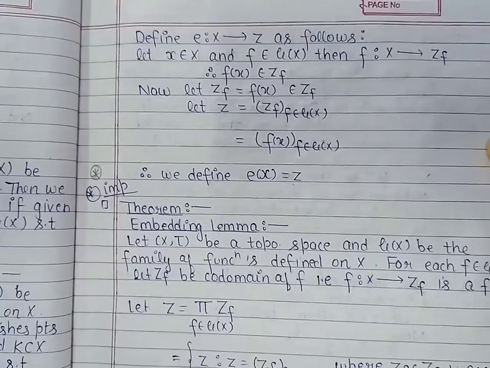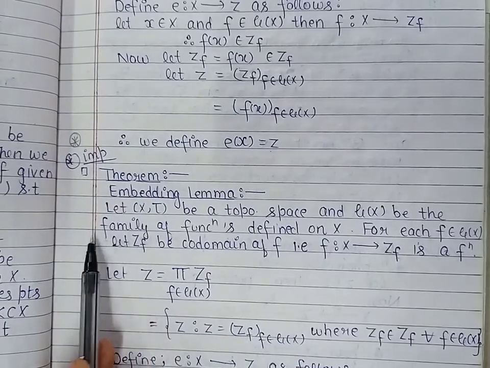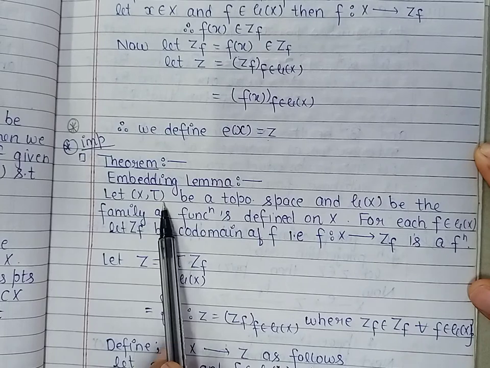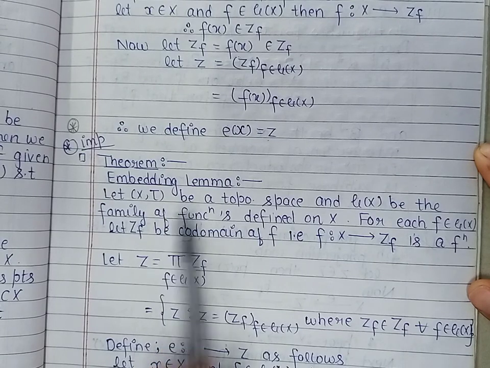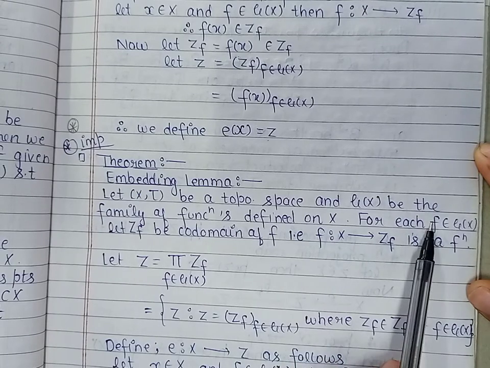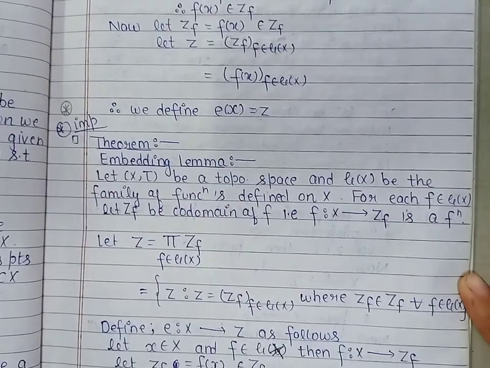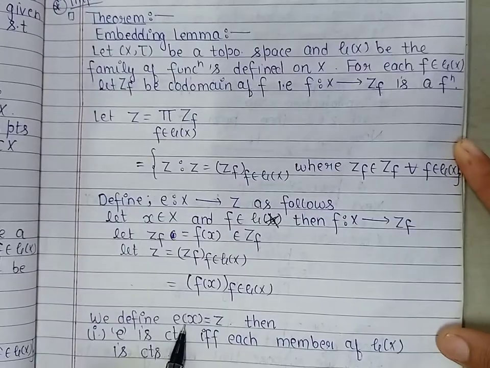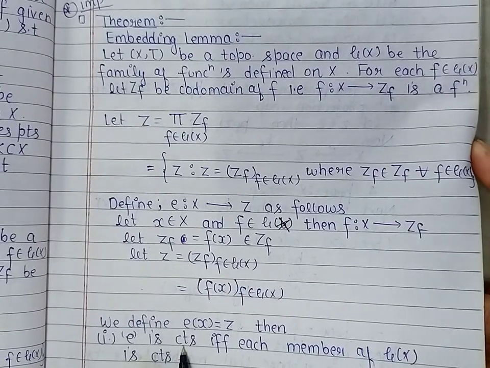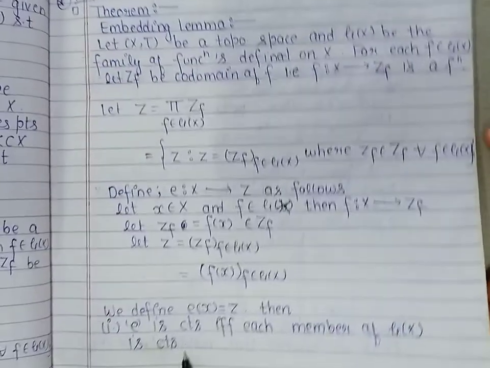Now next there is an important lemma which is called the embedding lemma. Firstly, the statement of the embedding lemma: if we have the topological space (X, τ) and B_X is the family of functions defined on X, for each f belonging to this family we have defined the evaluation map, which I discussed already, E from X into Z. Then we have to prove that this evaluation map is continuous if and only if each member of the collection B_X is continuous.